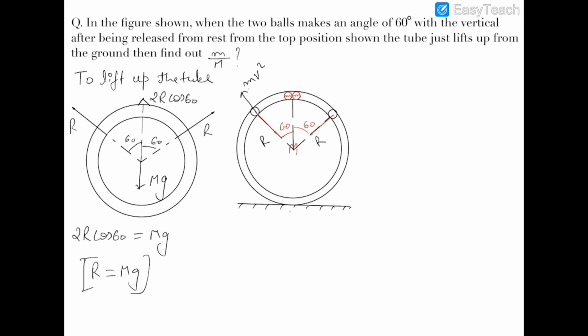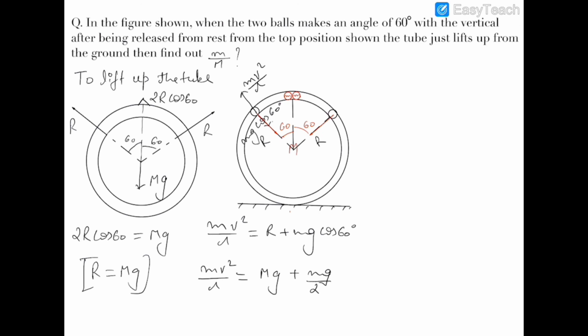This is mv square by small r radius. And mg cos theta, in fact this is mg cos 60, will be acting in the downward direction also. So the equation says that mv square by r will be balancing R plus mg cos 60. Now this mv square by r is equal to, this R is Mg plus this is mg by 2. This is the first equation.